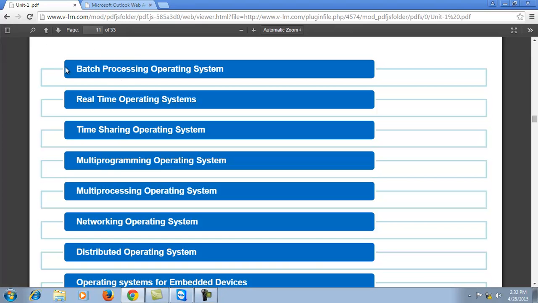Batch means similar kinds of jobs are collected and grouped for execution, and that group is input for the execution process. A batch is a collection of tasks with the same characteristics, which we input to the operating system for execution and get some output. That is the batch processing operating system.